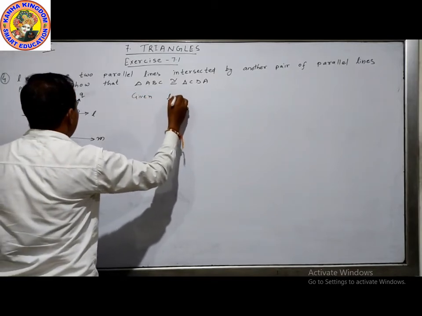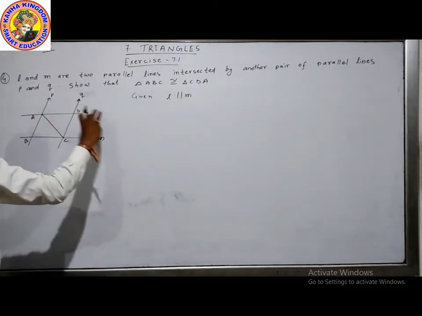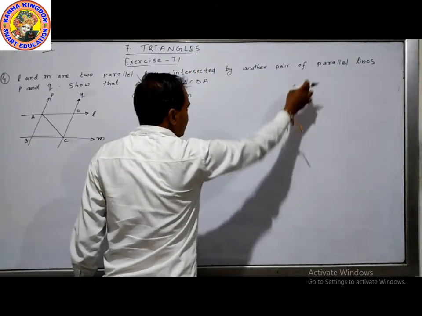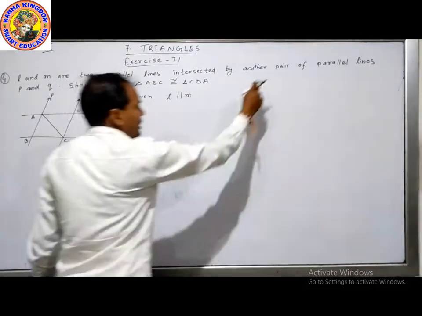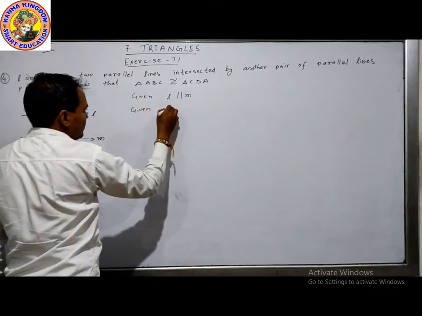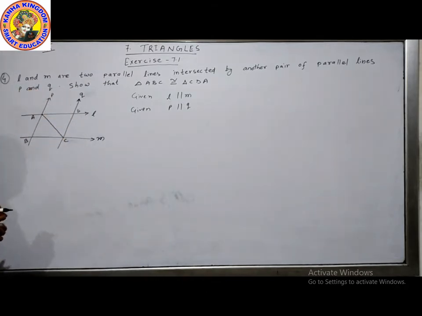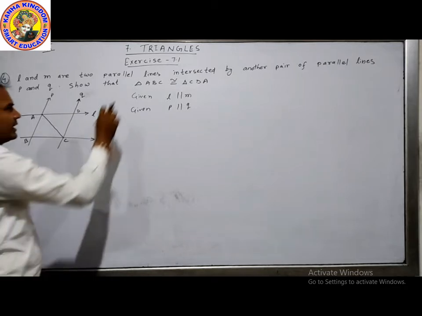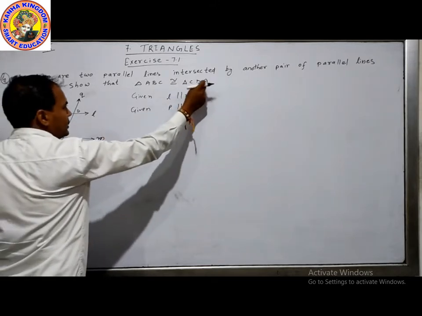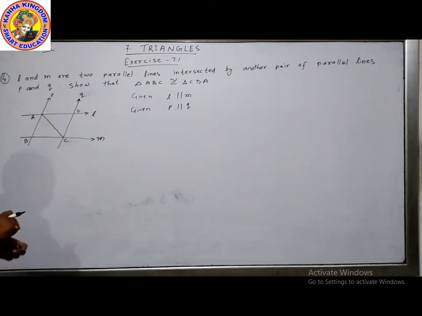Given L parallel to M, these are two lines which are parallel, intersected by another pair of parallel lines P and Q. Another pair of parallel lines, given P parallel to Q. Prove that triangle ABC and triangle CDA, these two triangles, are congruent.